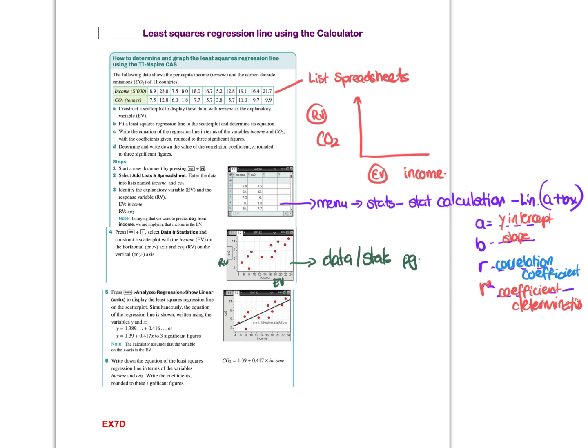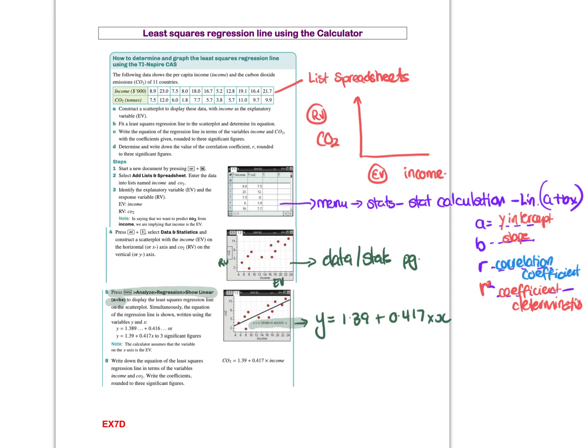Once you've got your scatter plot, you can press menu, analyze, and show A plus BX. And what it does is it gives you the Y equals. I'm going to write it out, to 3 significant figures: Y equals 1.9 plus 0.417 times X.